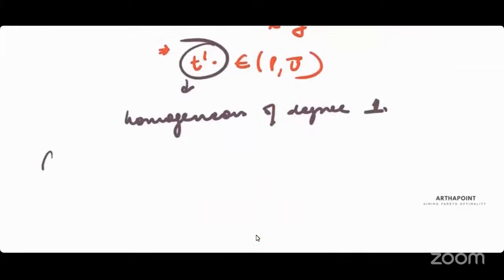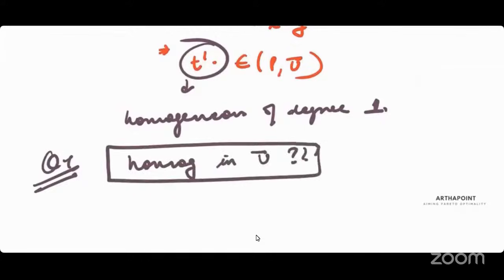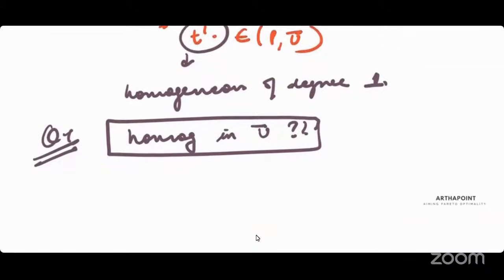Question to you. Please try this. Can you state anything related to homogeneity in utility? Is it homogeneous in utility also? Please check it out once. Is it homogeneous of any degree in utility when you only scale the utility? So just try this.